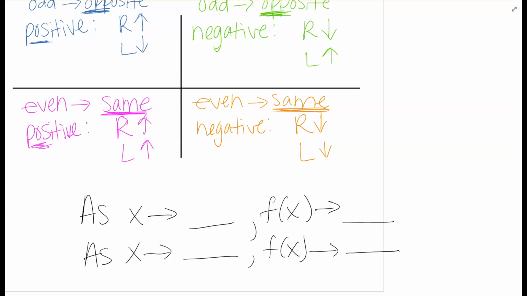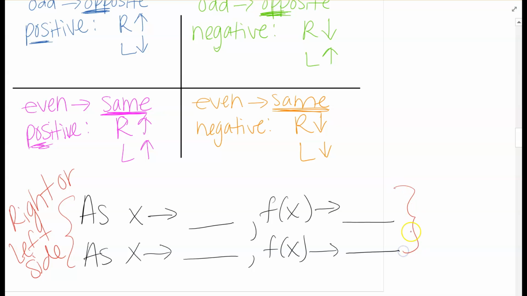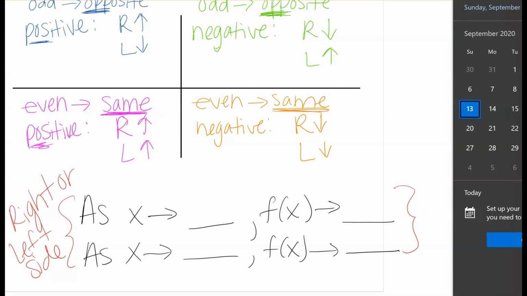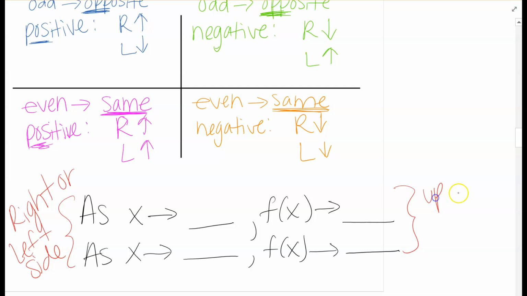So the beginning part, as x approaches, is going to be the right or left side. And then your function f of x tells you if the function is going up or down.